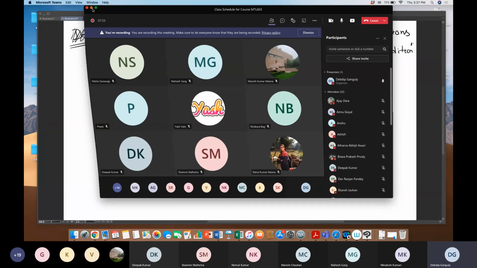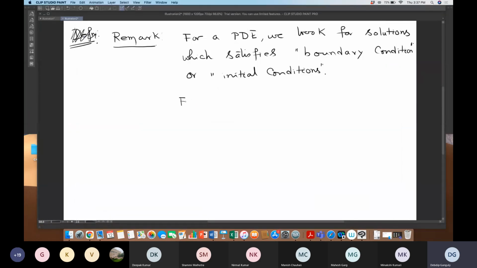Given an ODE, so till now I am writing just an expression of this form, called a PDE, where u is unknown, then we have F(x, u, Du) equal to 0. So we look for a solution of a PDE which satisfies this expression together with a boundary condition.